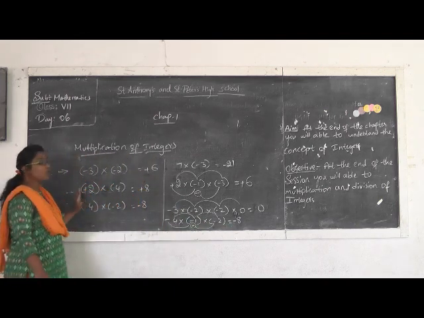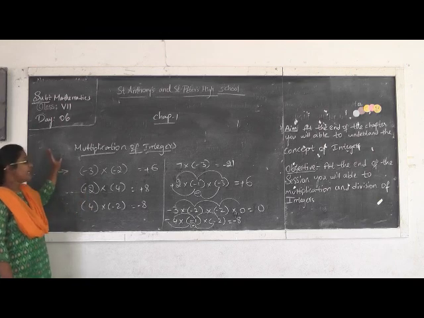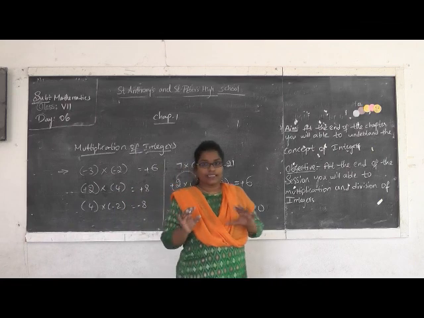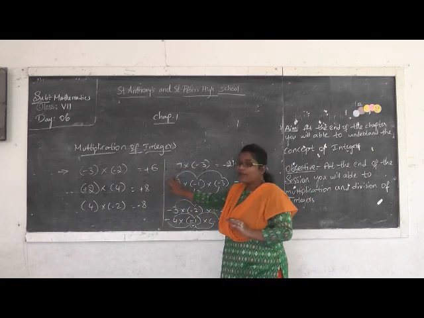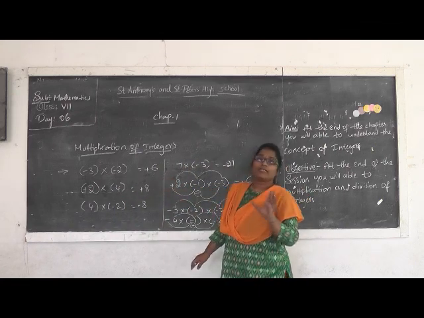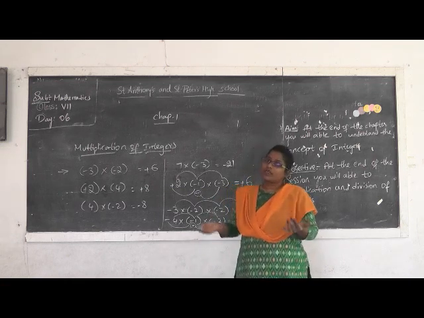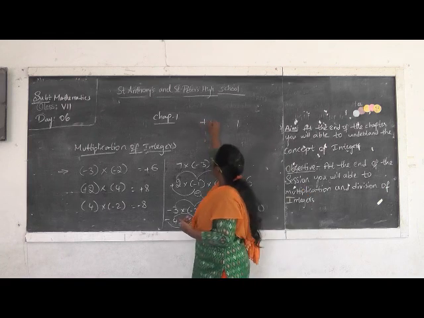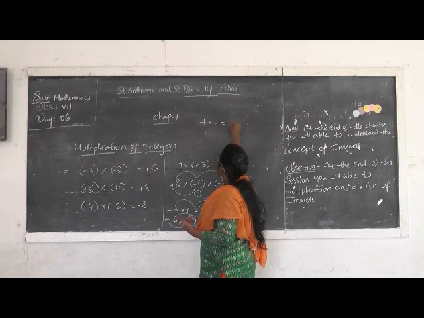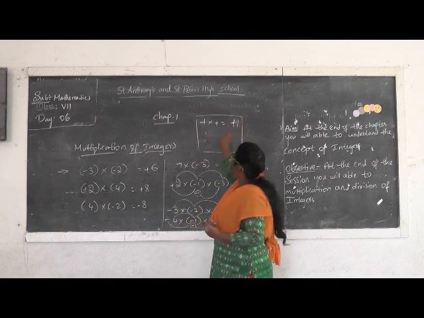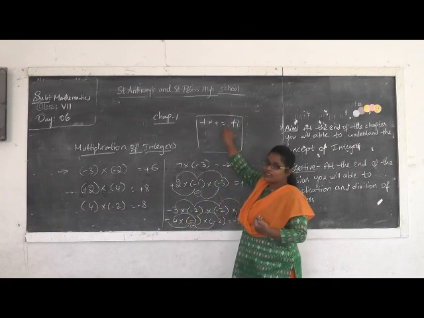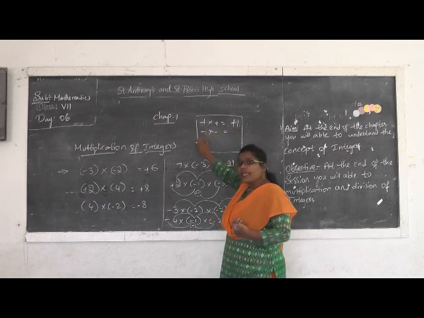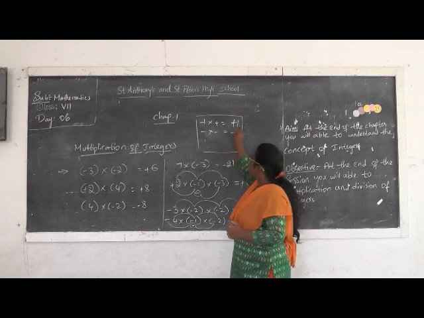So, here we have some rules for multiplication of integers. Whenever we are multiplying two positive integers, the result is positive. Whenever we are multiplying two negative integers, then also the result is positive only. This we already discussed yesterday.